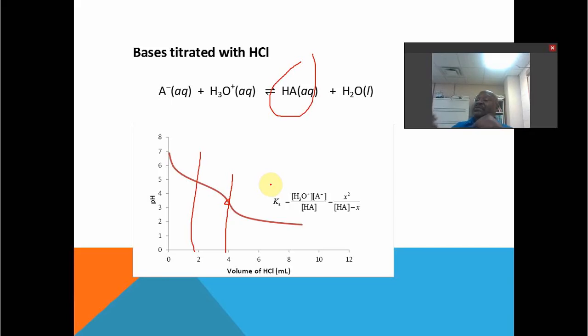So I expect the equivalence point to be acidic. And yes, you use the regular Ka expression that you've done many times, so that X is the hydronium concentration, and from that predict the appropriate pH. So in this lab, we'll ask you to look at the experimental pH and then calculate a theoretical pH at the equivalence point.